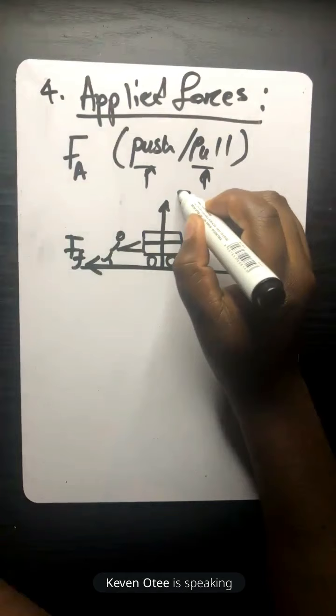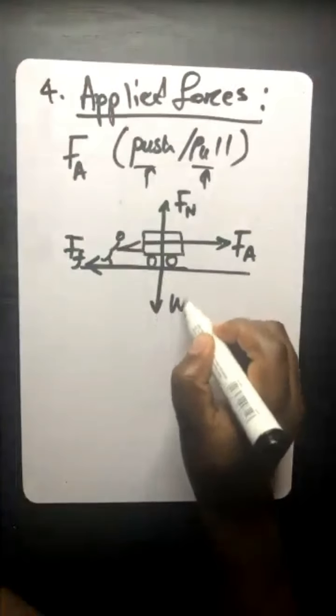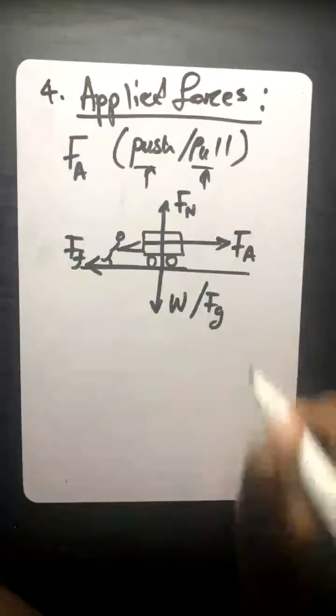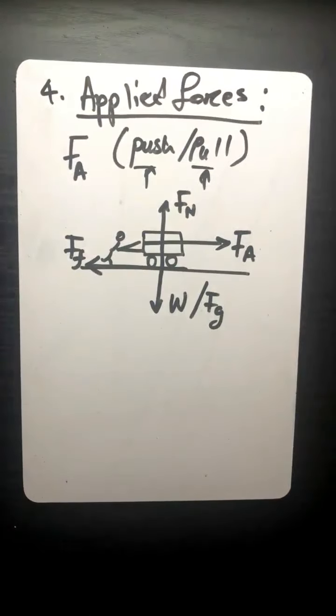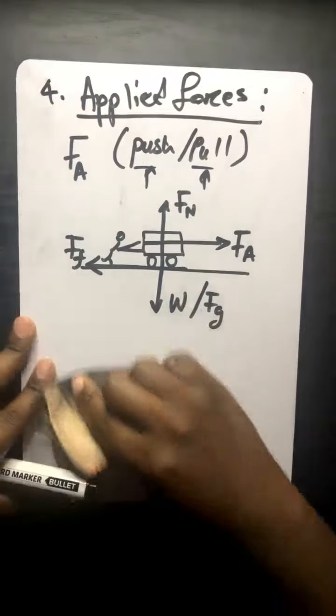Weight of an object, gravity. Ladies and gentlemen, it's very important that at all times when you're looking at an object, you are able to visualize possible forces. That's all that I had to say with regards to an applied force. Nothing complicated or confusing there.